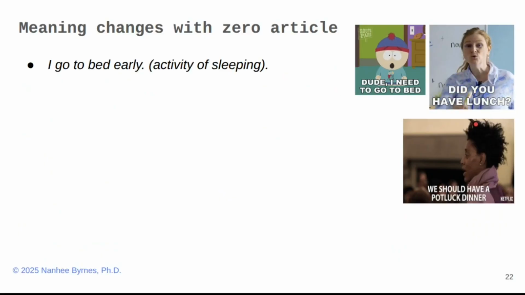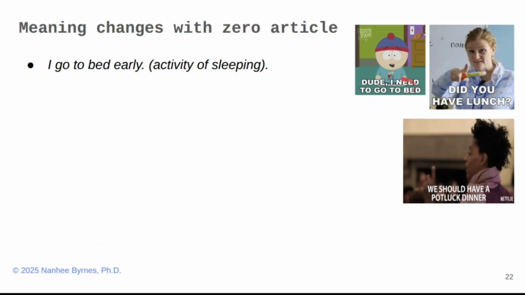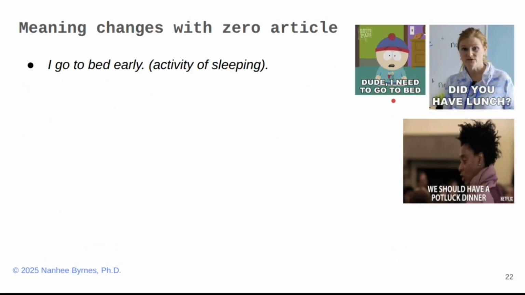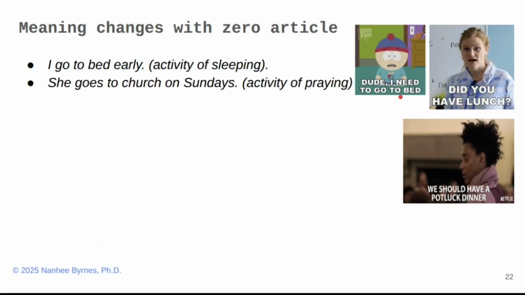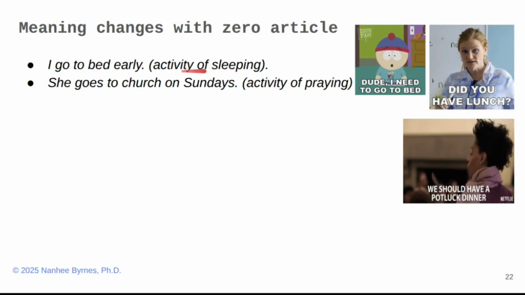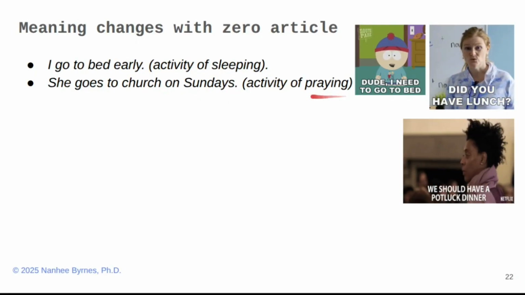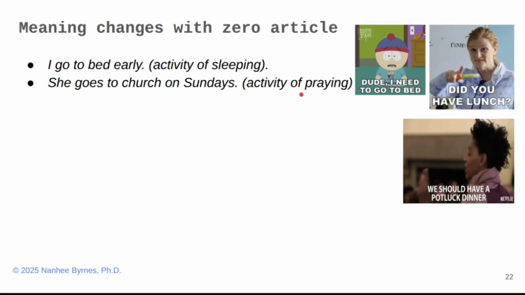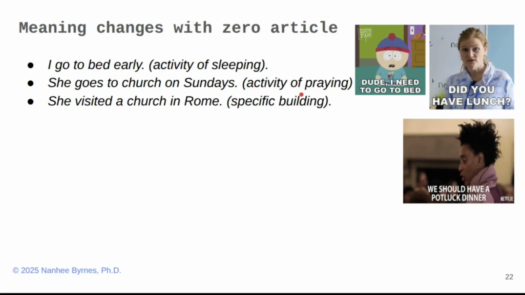Here, bed is singular and countable in form, but here we're talking about the activity of sleeping, not a physical bed. Similarly, she goes to church on Sundays uses zero article because it refers to the activity, whereas she visited a church in Rome uses a because it refers to a specific building.